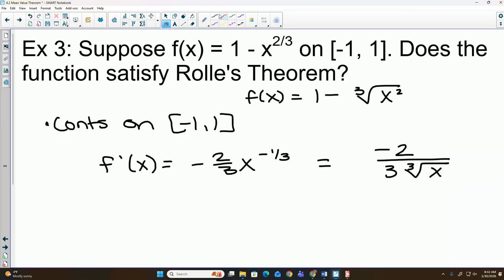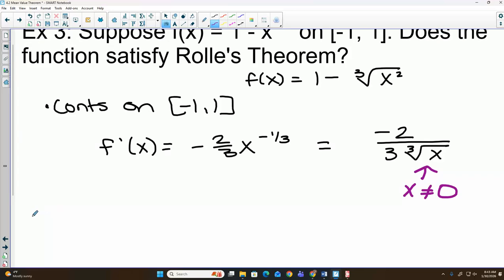Where does this not exist? Right, we know right there x can't be 0 because my derivative would be undefined. So f prime of x does not exist if x equals 0.